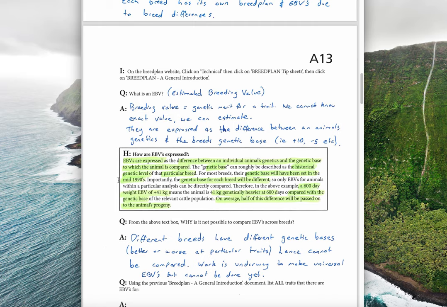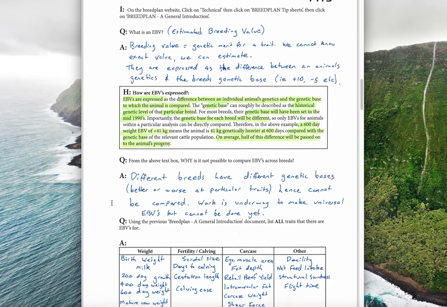If they produce 15 litres a day, they're -10, etc. So we now have a number which is plus or minus the average or the baseline that was set in the mid-1990s. And so we can see whether the traits are improving or going backwards. Depending on what the trait is, most traits you generally want a positive EBV. There are some traits, which we'll look at shortly, where you actually want a negative EBV.